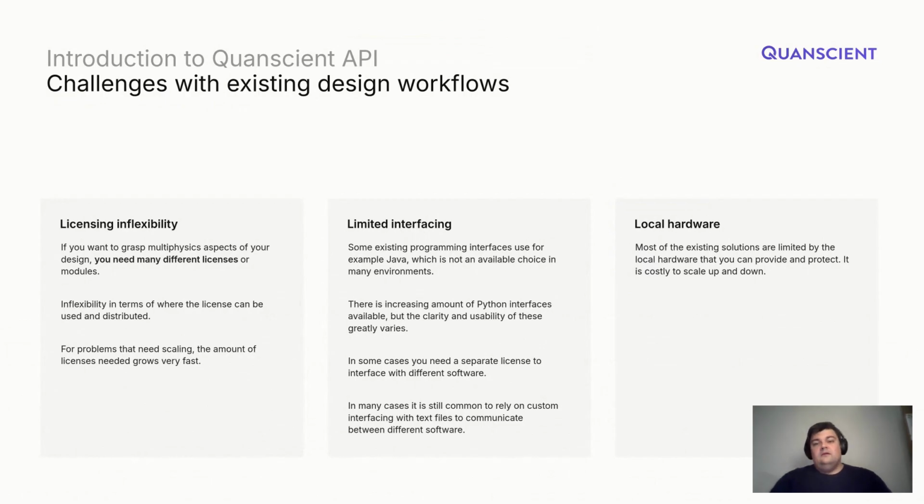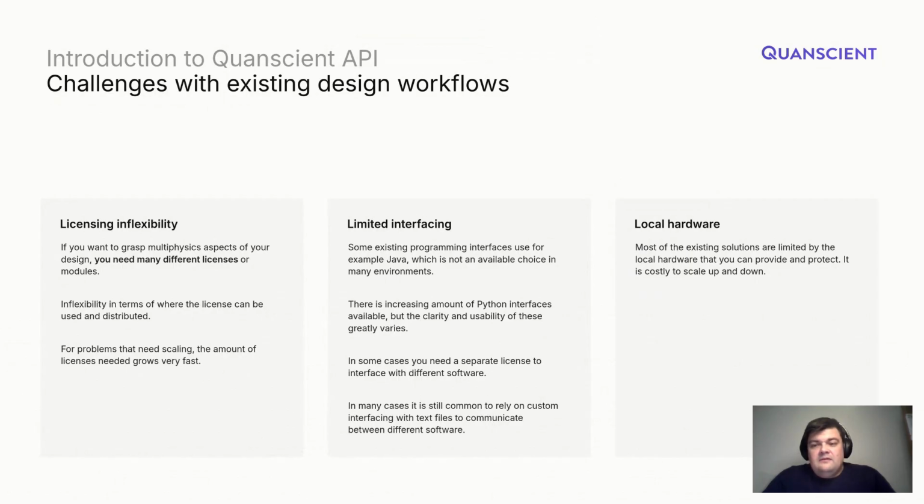And here are a few challenges that we have found with the existing workflows. So first of all, in many existing products in the market, there is very inflexible licensing options regarding this kind of programmatic usage.